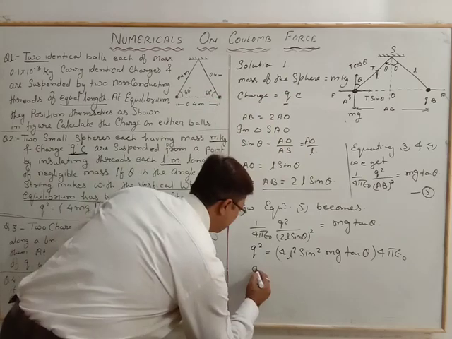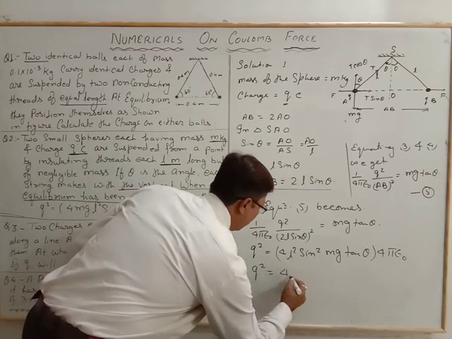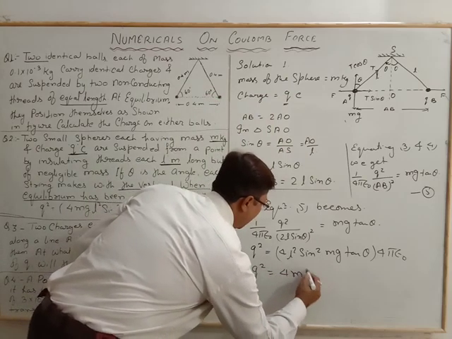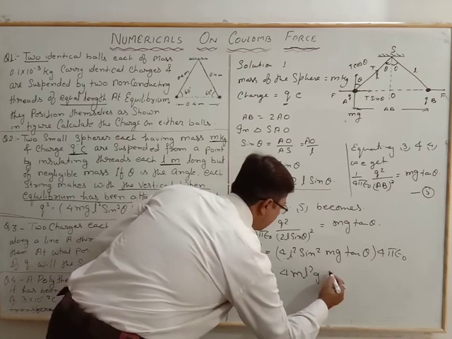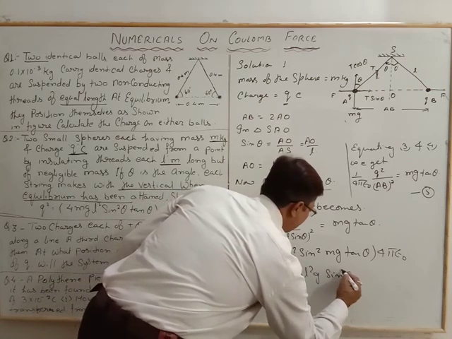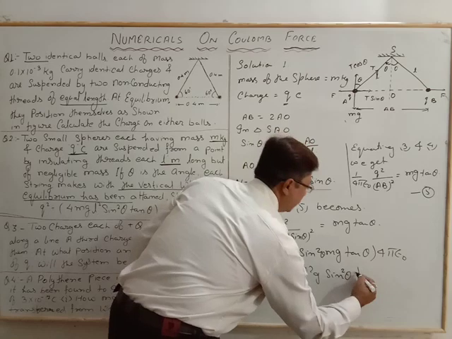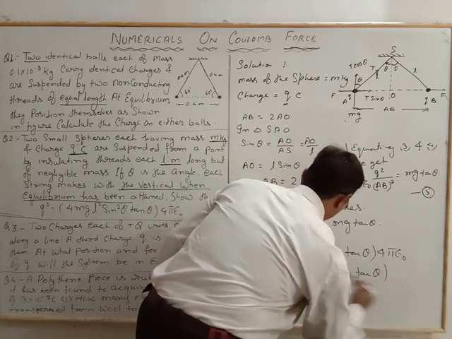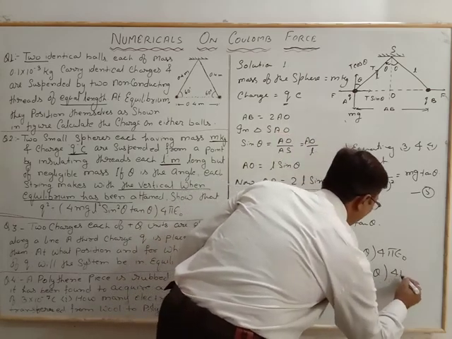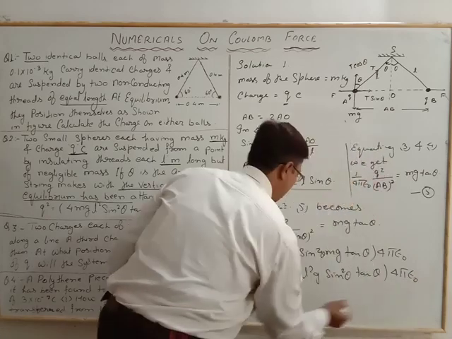Or you may write Q square is equal to 4 m L square g sin square theta into tan theta, into 4 pi epsilon naught, and this is proved.